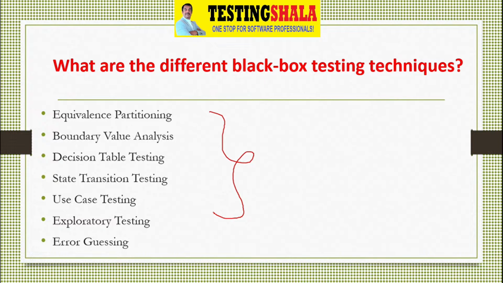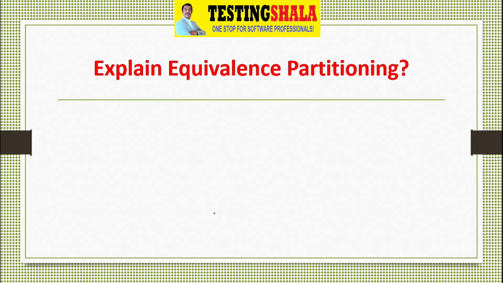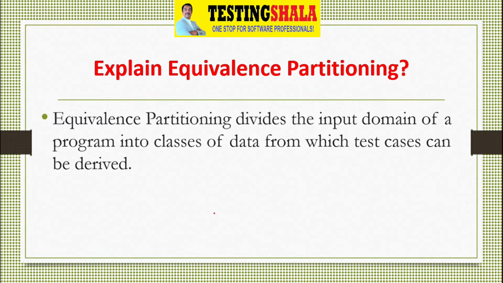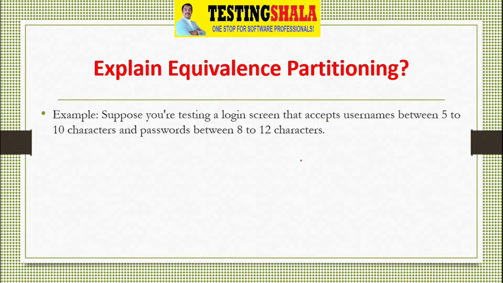The first one is, what is equivalence partitioning, which is a black box testing technique? Basically, here we partition the input domain of a program into classes of data from which test cases can be derived. We partition the entire set of data into multiple groups.